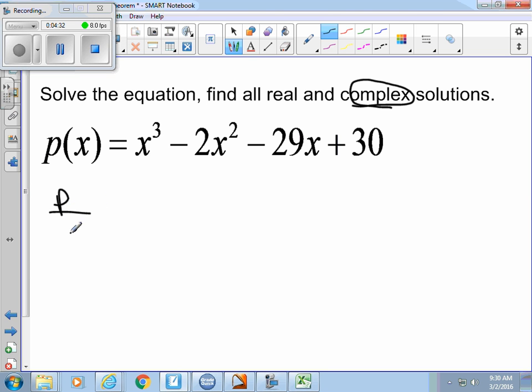You have completely by hand, where you do the P over Q, or you could use the calculator. Remember the first day on this where we didn't know about the P's and Q's and we just went to the calculator and found the real root, the rational root? I'm going to show you completely by hand. I'm also going to show you in the calculator how we can kind of shortcut this step. Would you agree P divided by Q, since the leading coefficient's just 1, are just the factors of 30?